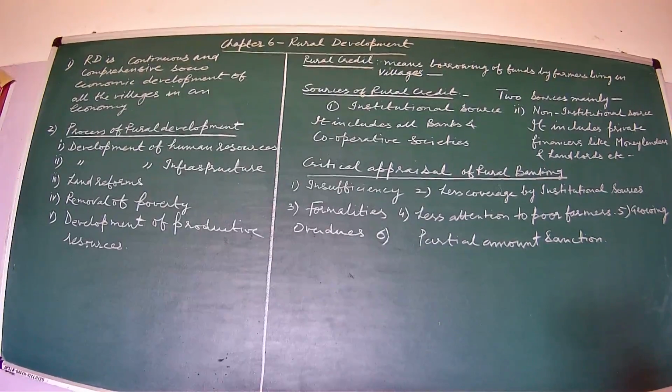Growing overdues. Partial amount sanction. The other problem is that the amount is partially sanctioned by the government and the bank. So partial amount sanctioned by the bank is another major problem.